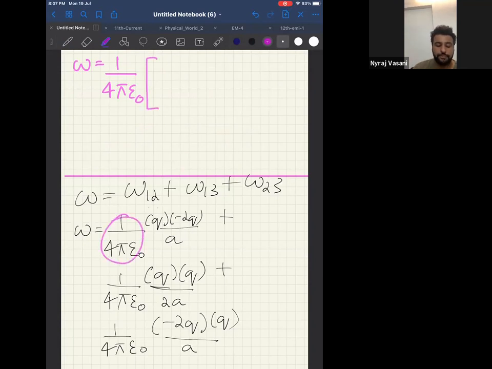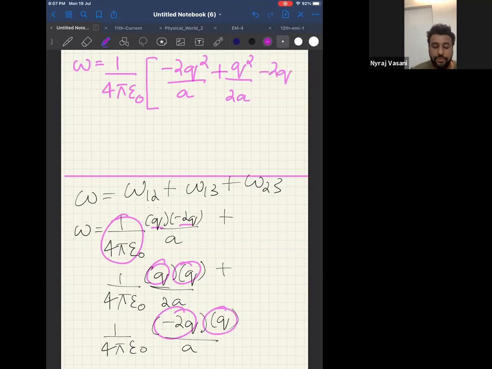So Q into minus 2Q will be minus 2Q square by A, plus Q into Q will be Q square by 2A, and minus 2Q and Q will be again minus 2Q square by A. This is the next clue.